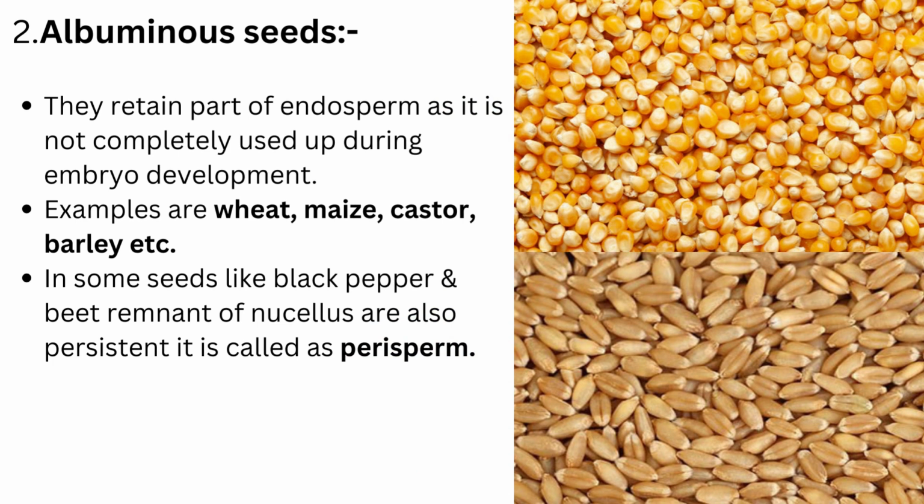Albuminous seeds retain part of the endosperm as it is not completely used up during embryo development. Examples are wheat, maize, castor, barley, etc. In some seeds like black pepper and beet, remnants of nucellus are also persistent. It is called perisperm.